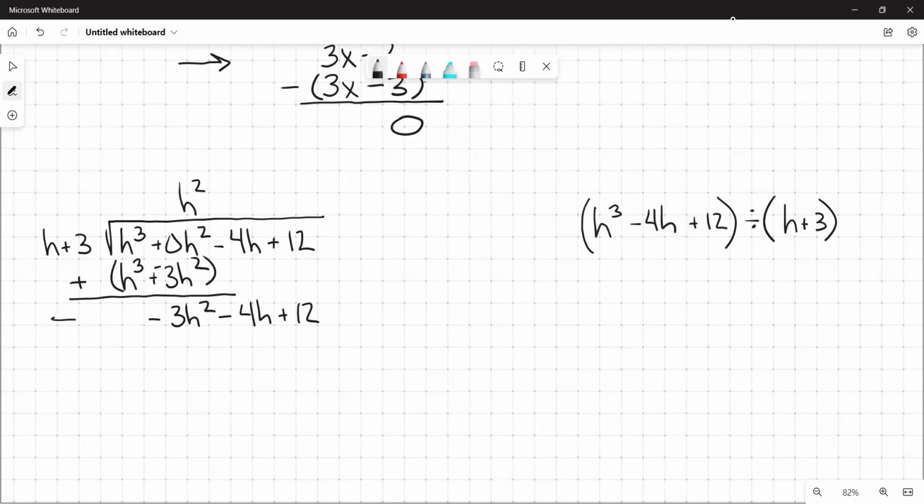Now we divide into negative 3h squared. So h into negative 3h squared goes negative 3h times. Multiply it back through. Negative 3h squared minus 9h.